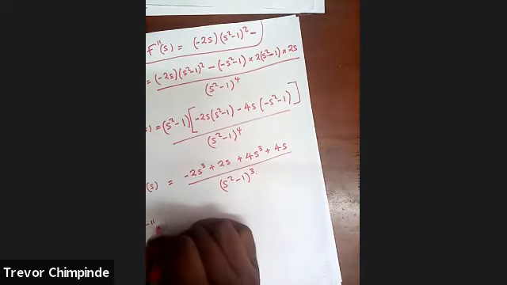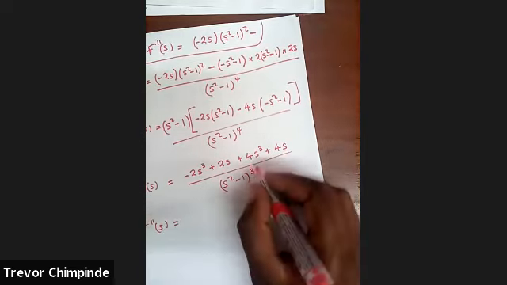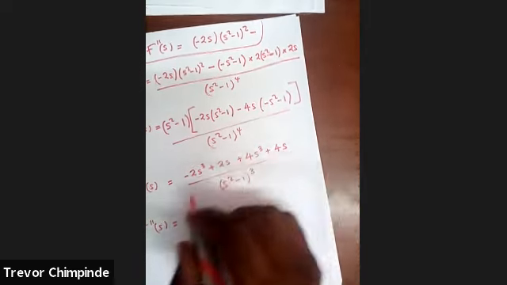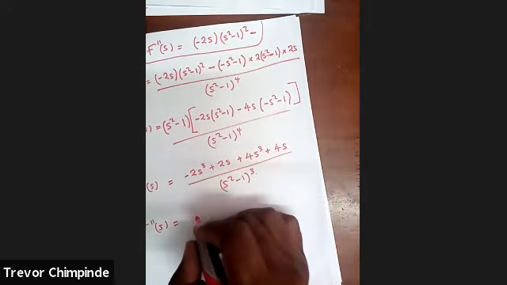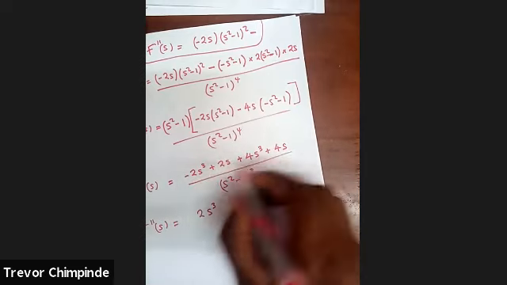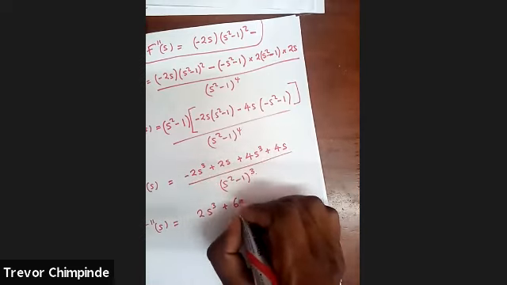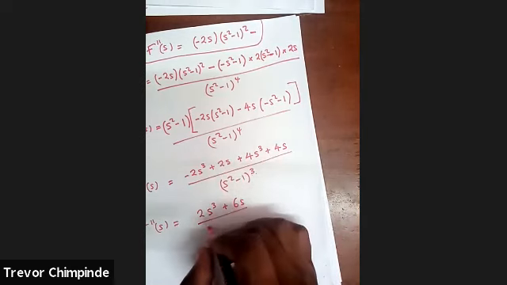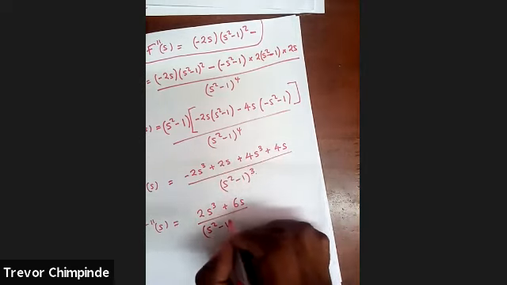So f prime of s is, like terms, 4s cubed minus this remaining 2s cubed, and 2s plus 4s is 6s over s squared minus 1 to the 3.